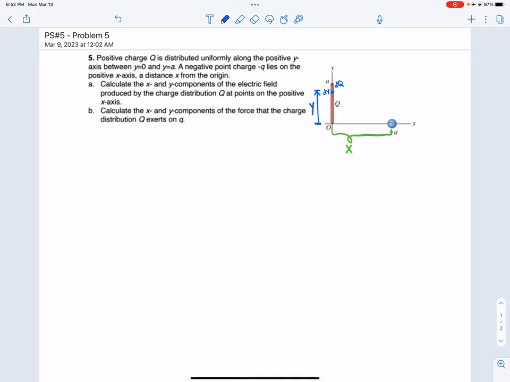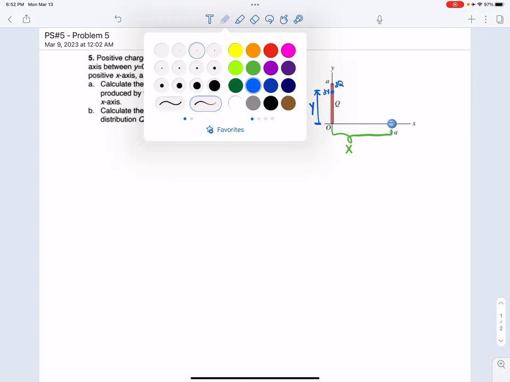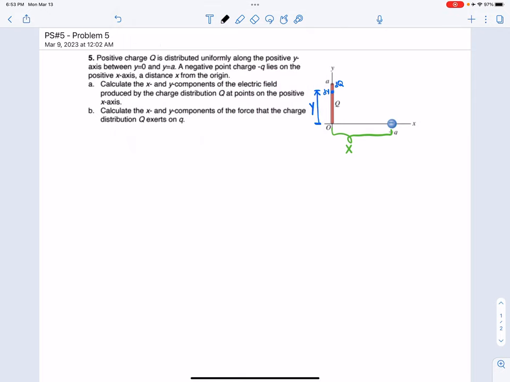All right, and this is a 90-degree angle, right? So it's going to hit our point right here, negative point charge Q, at just that location for negative point charge Q at an angle of theta, right?